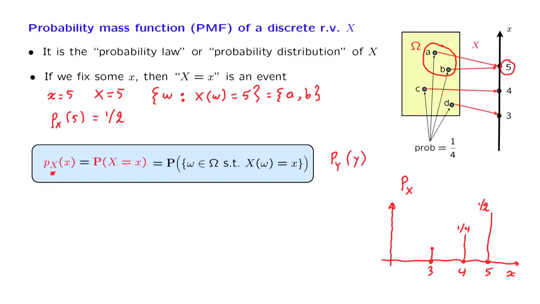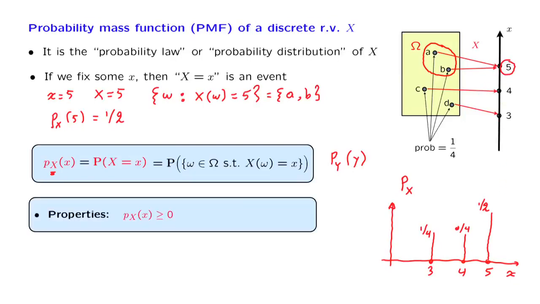And the value of 3 is also obtained with probability 1/4, because the value of 3 is obtained when the outcome is D, and that outcome has probability 1/4. So the probability mass function is a function of an argument little x, and for any little x, it specifies the probability that our random variable takes on this particular value.